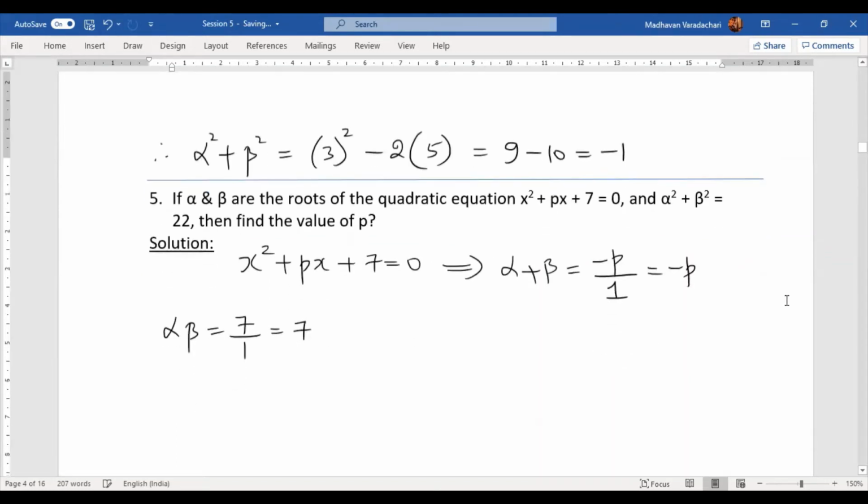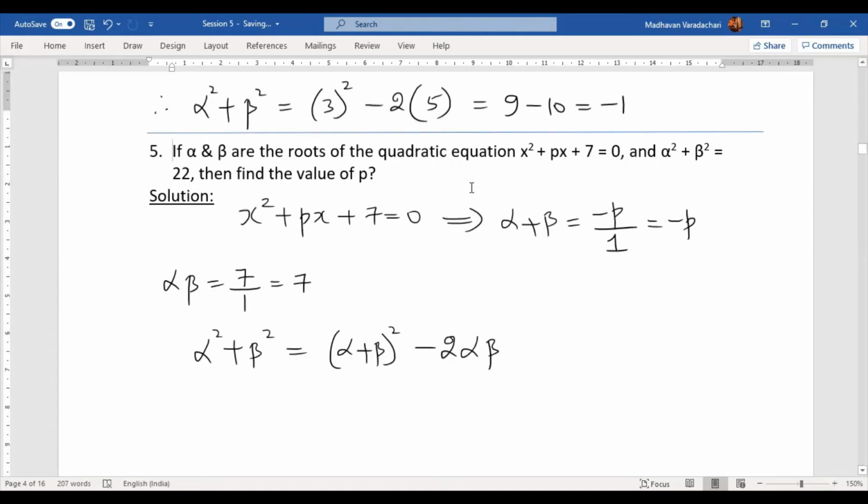Now, alpha square plus beta square value is given. We already know in the previous problem we had seen alpha square plus beta square is nothing but alpha plus beta, the whole square, minus 2 times alpha beta. Now, this alpha square plus beta square value is given as 22. Let me substitute 22 is equal to alpha plus beta the whole square, means minus p the square minus 2 times alpha beta is known to be 7.